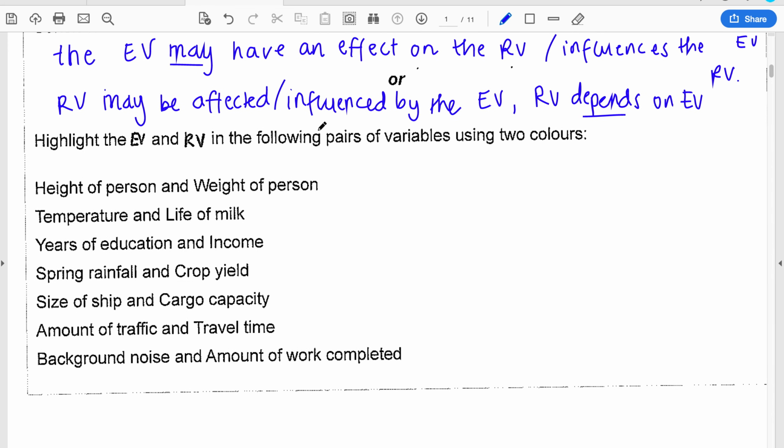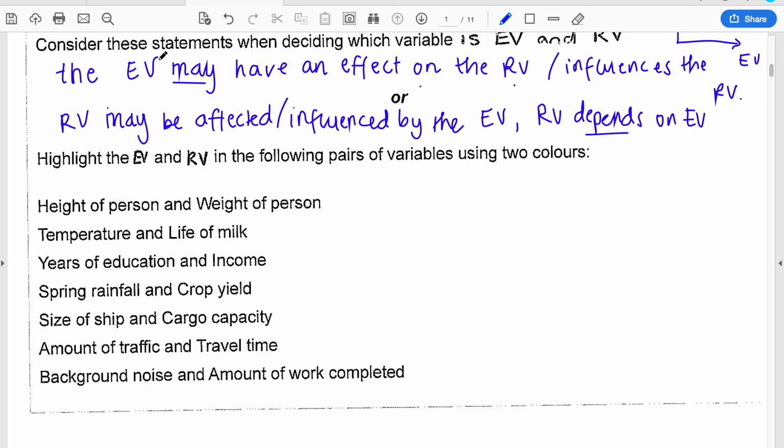So we tend to say, or if I use this statement here, the EV may have an effect on the RV. So what we're saying is, does the height have an effect on the weight, or does the weight have an effect on the height? So in this case, what we're saying is your weight will really depend on how tall you are.